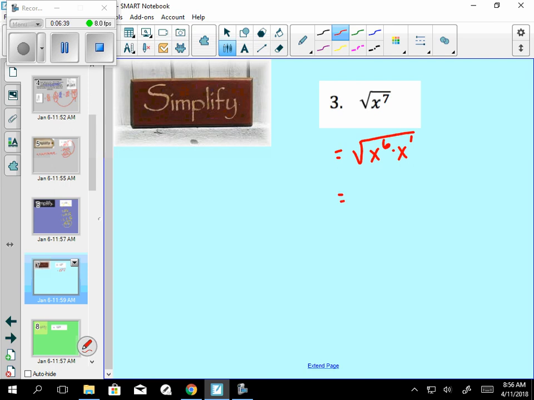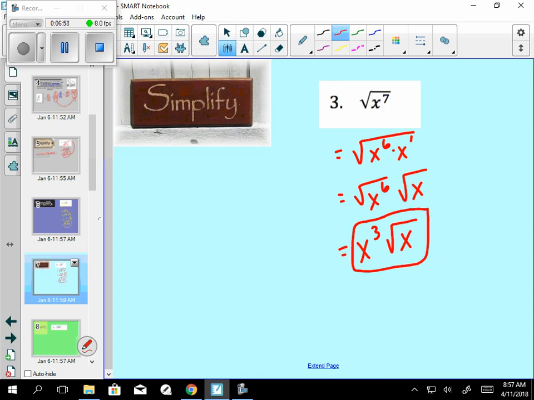Now we'll split it into two separate ones, x to the 6th and just our 1 x. The one on the left here simplifies. Square root of x to the 6th is x to the 3rd power. The one that doesn't simplify is the one left in there, so we'll leave that in the radical sign. And again, we took out what we could out of the radical sign, and we leave in whatever we're not able to take out.